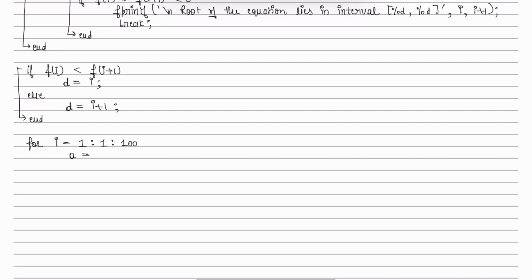Storing the value of a as d minus f of d divided by f dash of d, where we have used the variable g for the derivative function, and to substitute the initial value we use the inbuilt function subs. So this statement will work as our iterative process.